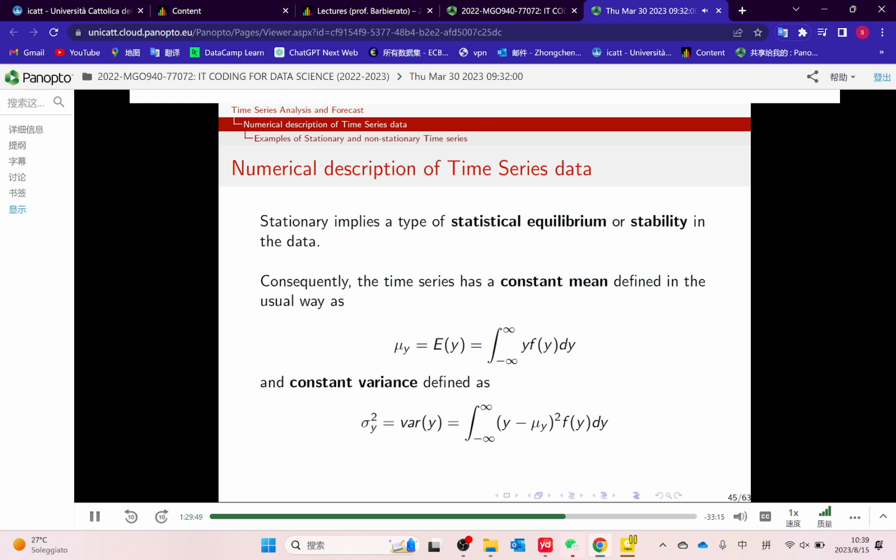These are the formulas you loved when you attended Professor Mazzocchi's and my class. Some of you have been exempted because you already suffered some time ago. But these anyway are the classical definitions of mean and variance for continuous random variables.